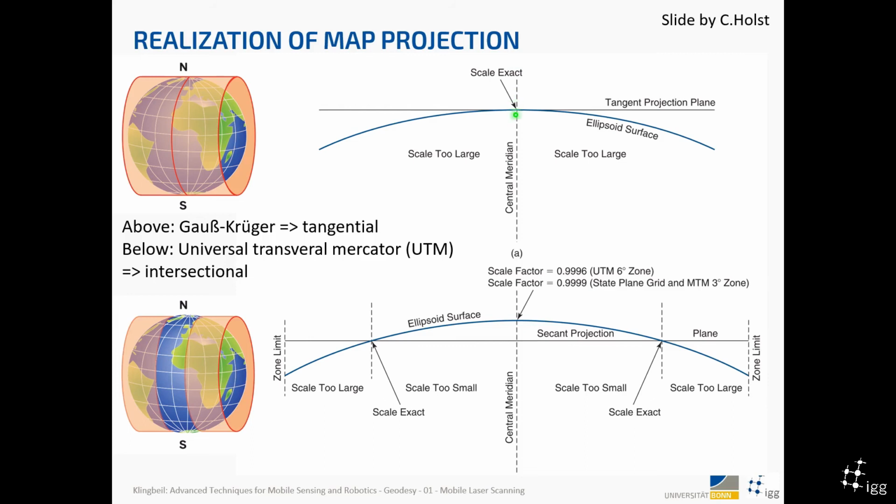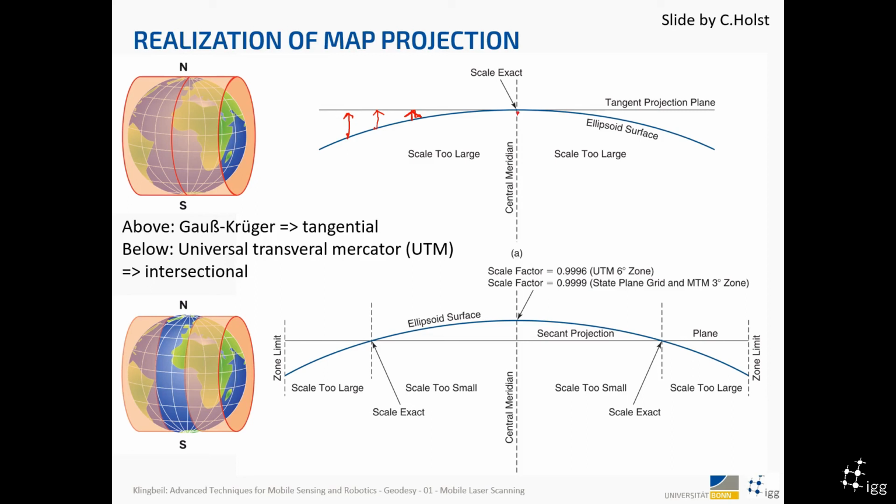Maybe it's easier to see that from the side, right? The central meridian here now is the red line. This is the Earth, which is curved, and this is the tangential plane, which you have here. And then the points on the Earth are projected to that plane. What you can see here is that this is only perfectly correct at that point where it touches the Earth.